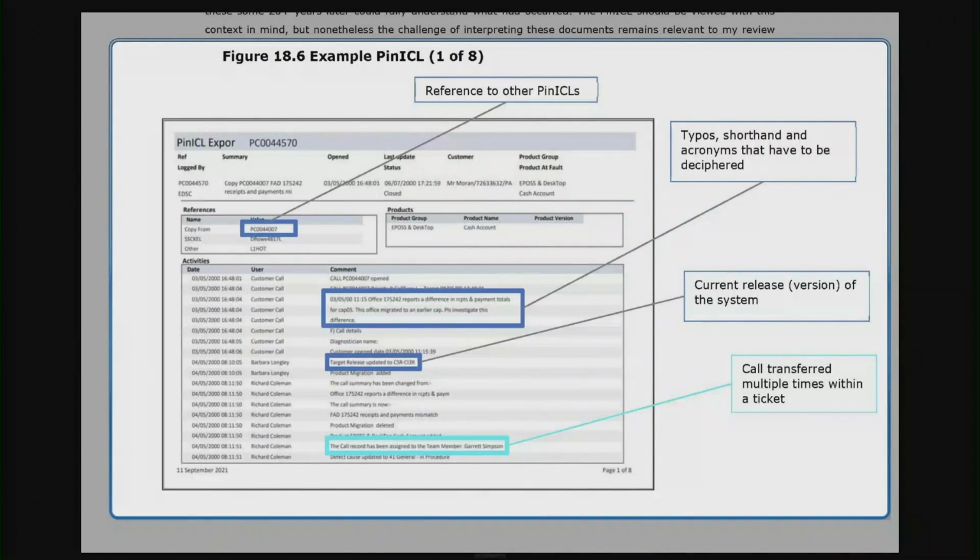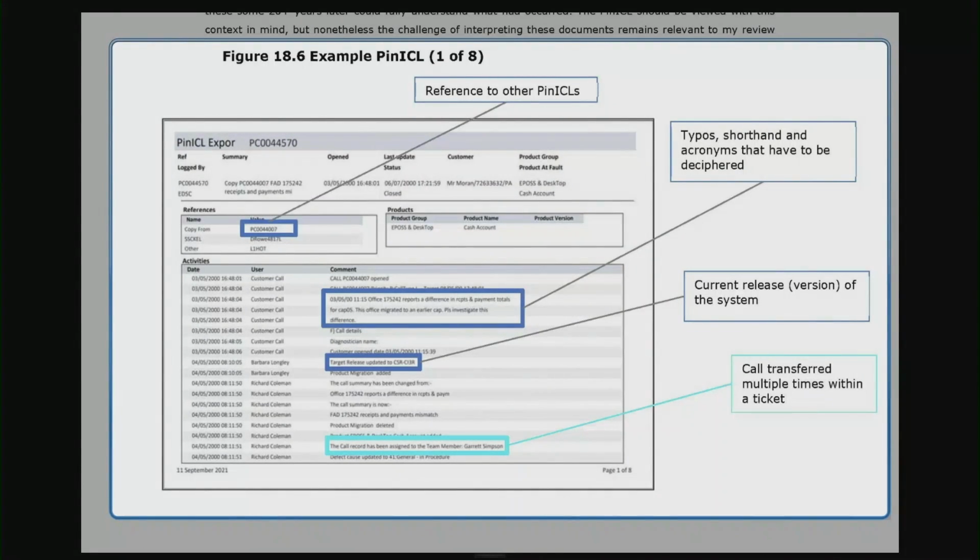So the current release version of the system, this indicates to me that the dialogue here believes that a new release of Horizon, the CSR C13R, should address. To me, this indicates that this problem should be resolved when this release of the software has been implemented.